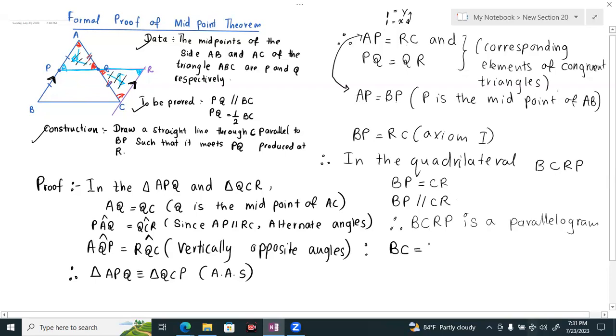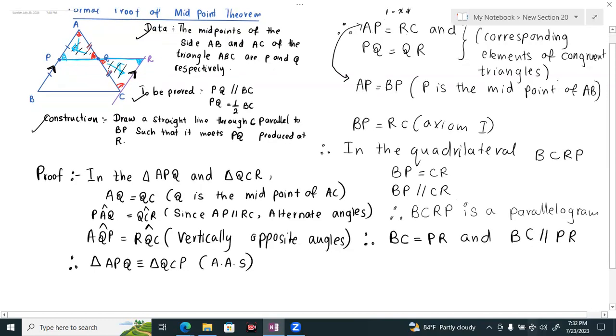Therefore, BC equals to PR and BC parallel to PR. Okay, when it becomes a parallelogram, these two conditions are satisfied. Then, when BC is parallel to PR, we can say therefore PQ and BC are parallel to each other. Therefore I can say that BC is parallel to PQ.